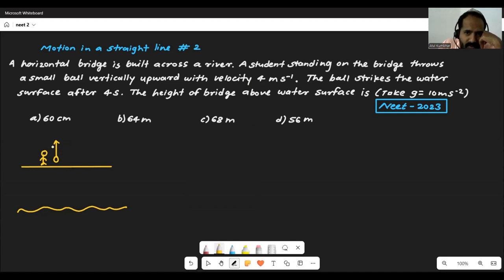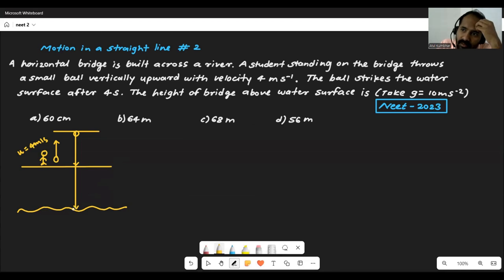So the initial velocity of that ball is what? 4 meter per second. So u is given as 4 meter per second. Then that ball reaches some height, then it comes back, and then it falls over the surface of that river, which means that ball is falling in the river itself. So let's extend its motion.